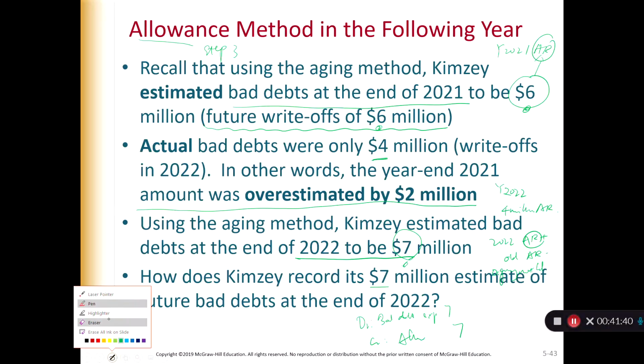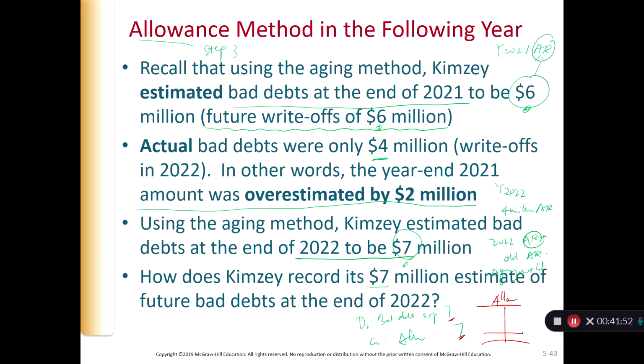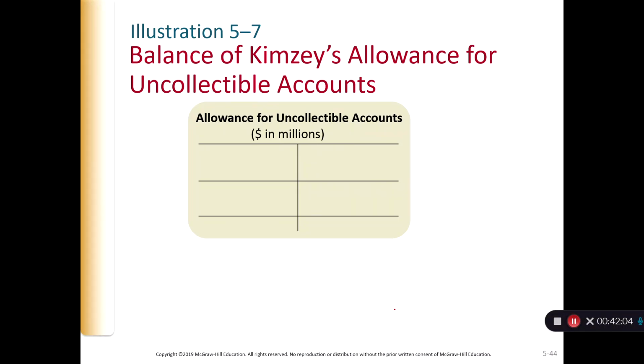Because this 7 million is telling us the allowance amount that the account should have at the end of year 2022. It's not the change in the allowance account. I will show you in detail next.